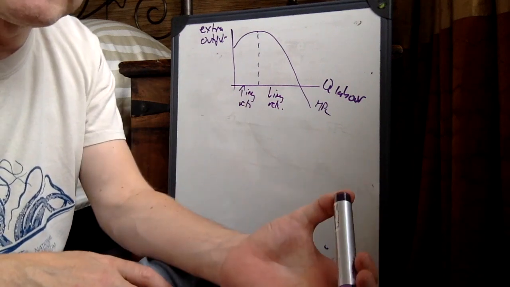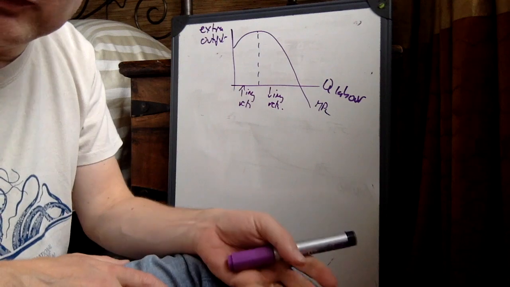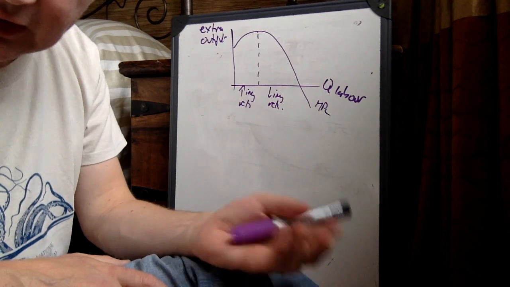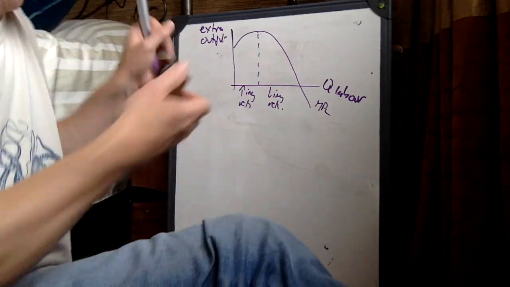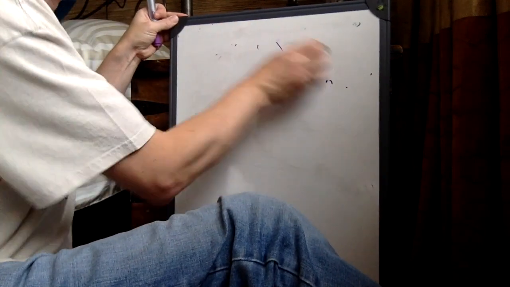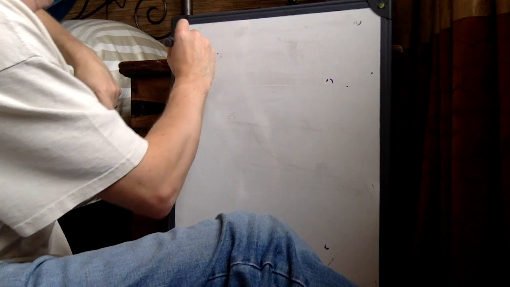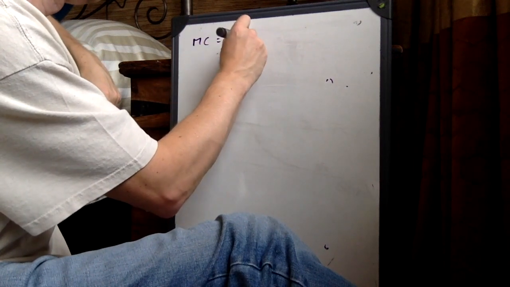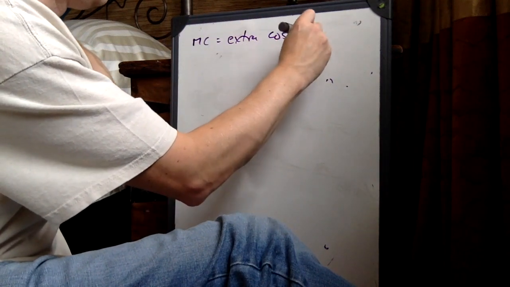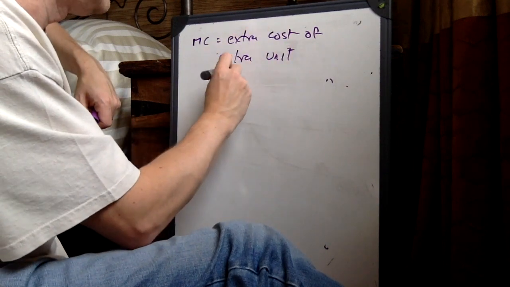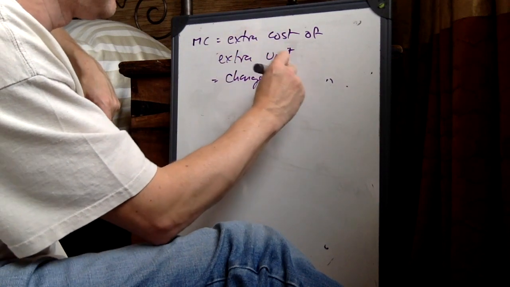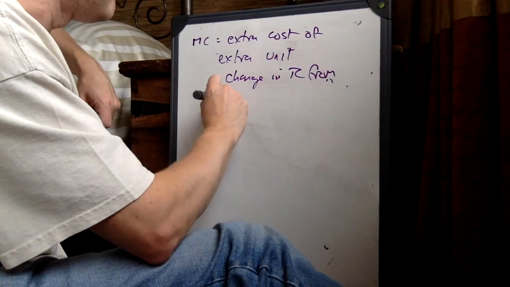What we're now going to look at is, as we try and expand, what's going to happen to costs. One of the most important costs that you need to understand is marginal cost. Informally, marginal cost is the extra cost of the extra unit. More formally, marginal cost is the change in total cost from making one more unit.